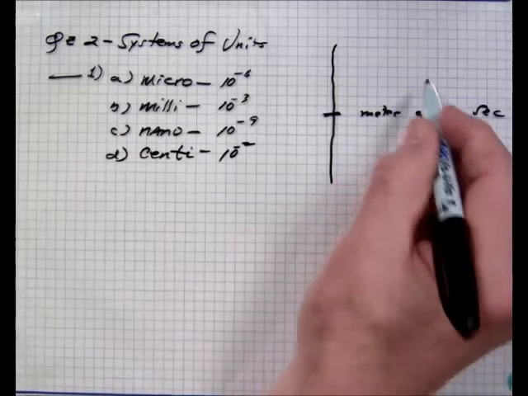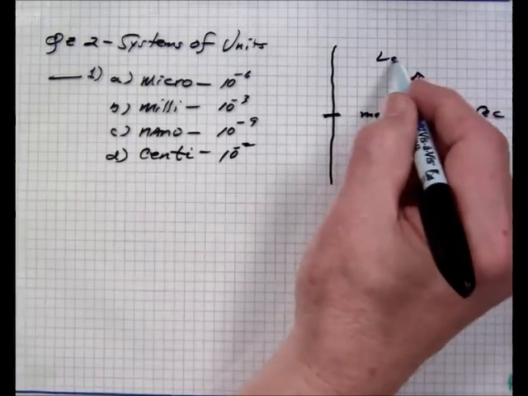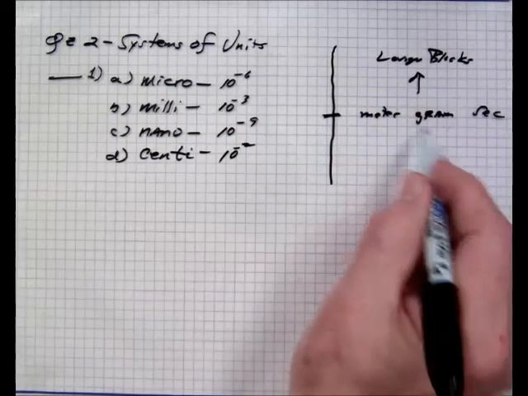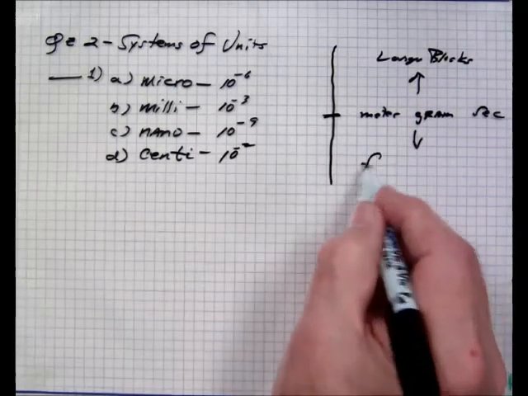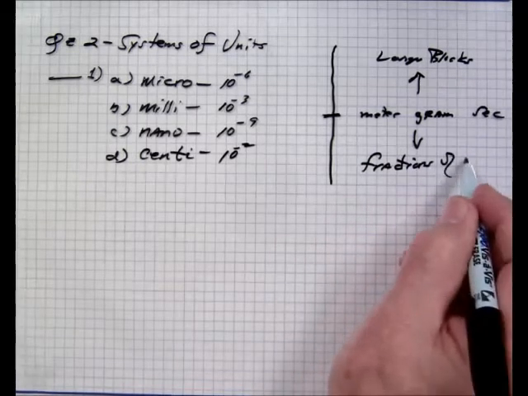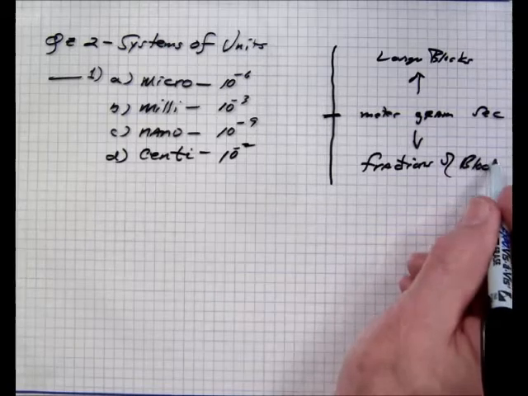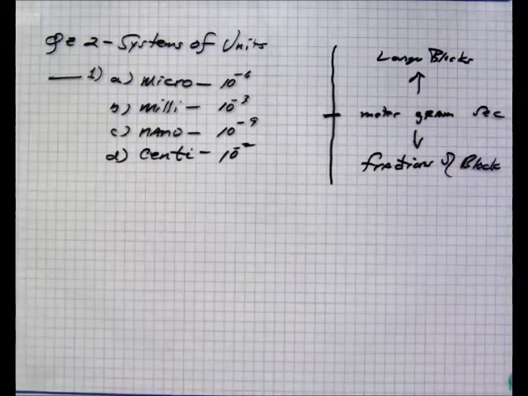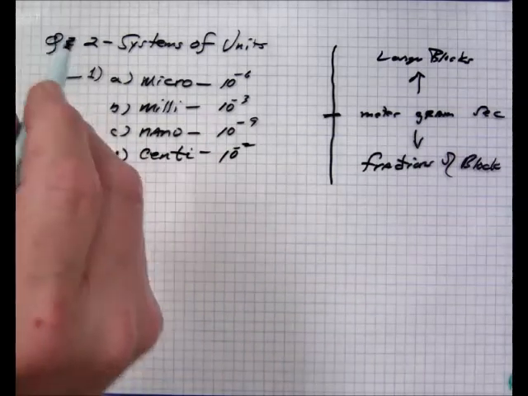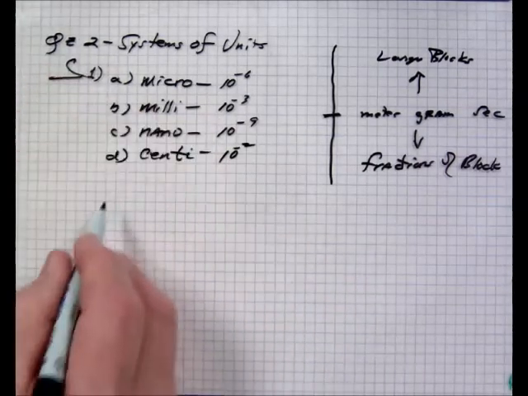And so you have larger blocks of this standard or fractional, a fractional block of the standard. So make sure you're on top of that. Nano is C choice.